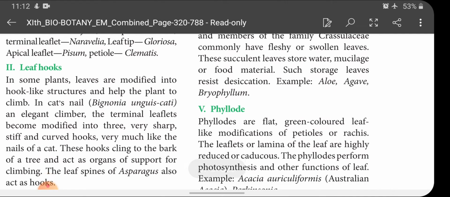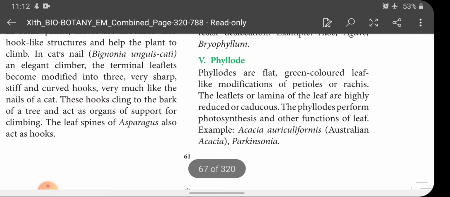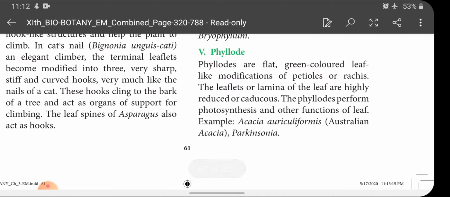And phyllodes are flat, green-colored, leaf-like modifications of petioles or rachis. The leaflets or lamina of the leaves are highly reduced or caducous. The phyllodes perform photosynthesis and other functions of leaves. Examples: Acacia auriculiformis, Australian acacia and Parkinsonia.